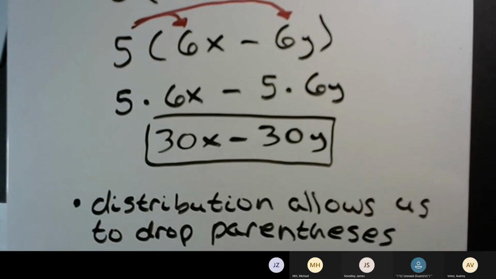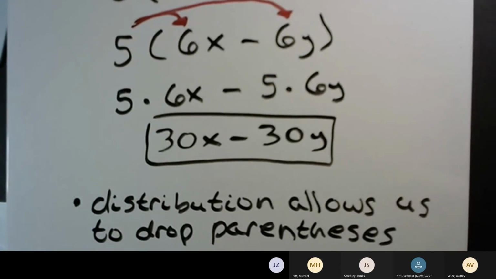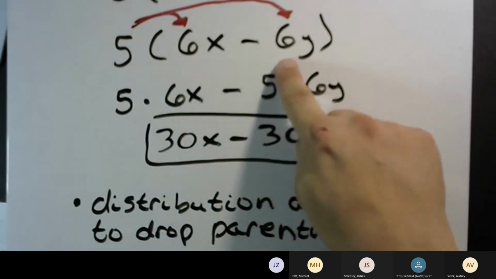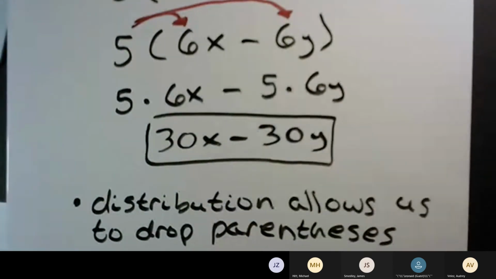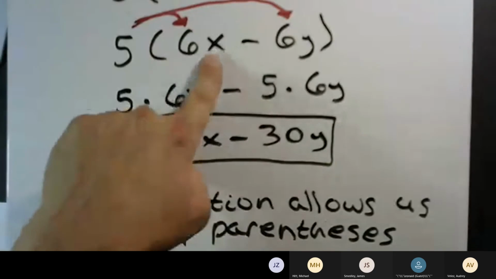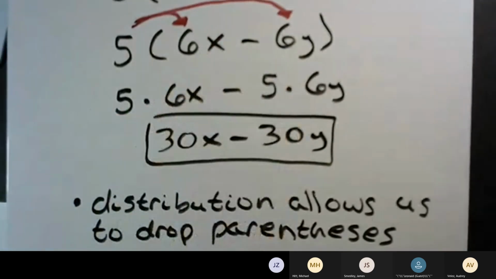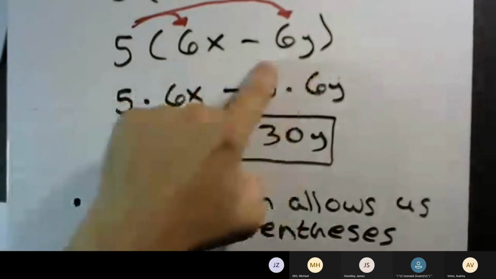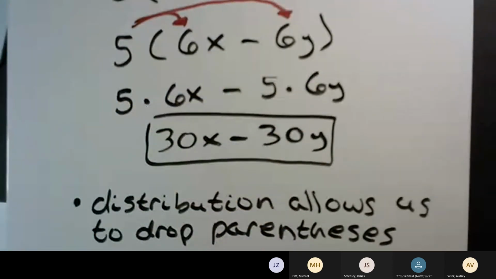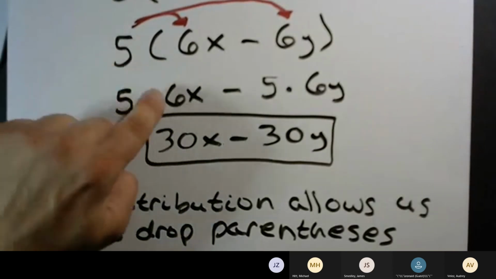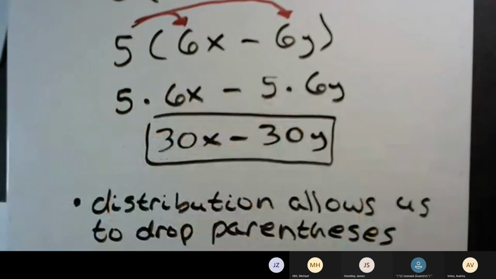That's a big deal because with parentheses, we're told we have to do what's in the parentheses first. But here's the thing with variables. Until we know what number x represents and what number y represents, we can't come up with a number to be in the parentheses. We're stuck. So the way we get around that is we distribute the 5. When we distribute, we can drop the parentheses. And there we go. We've got our answers. So questions about that?